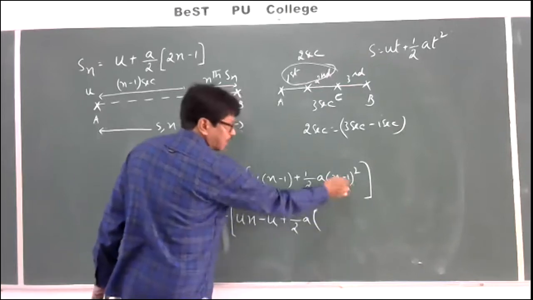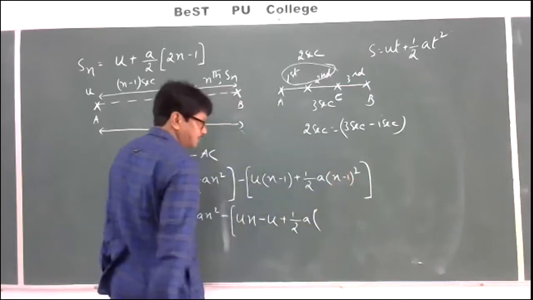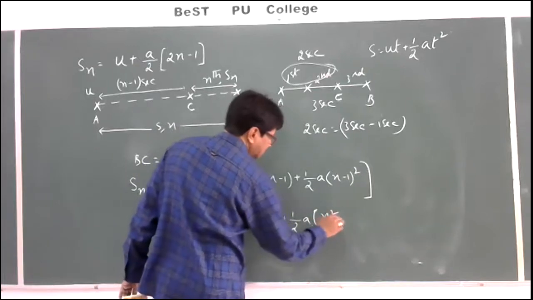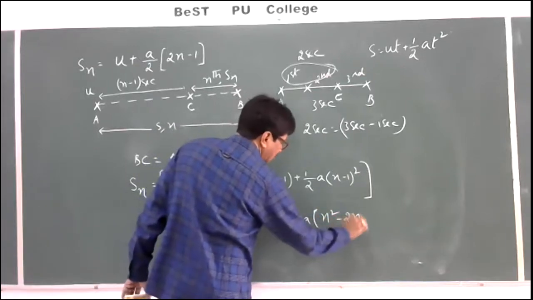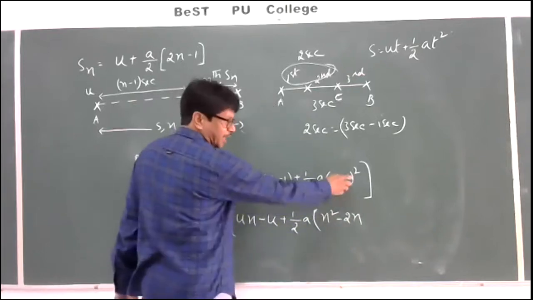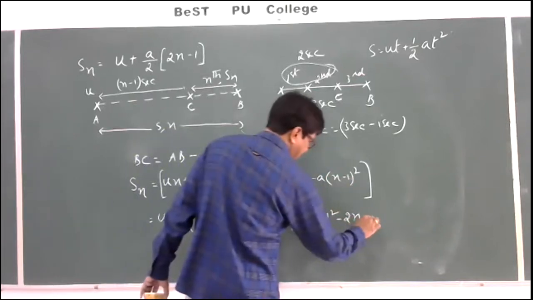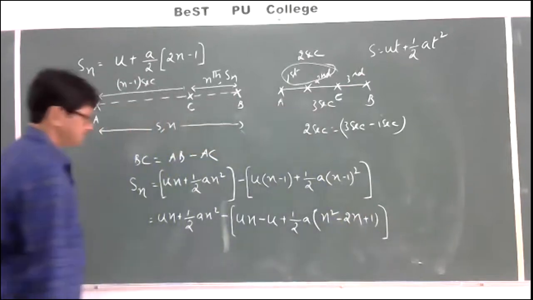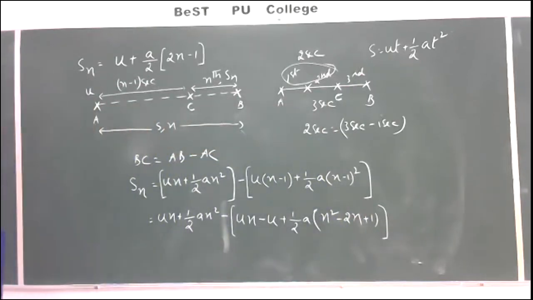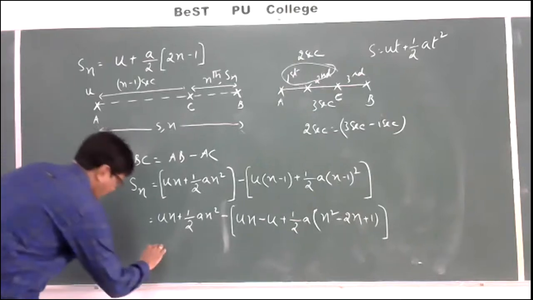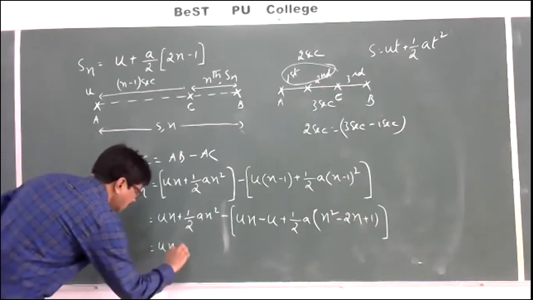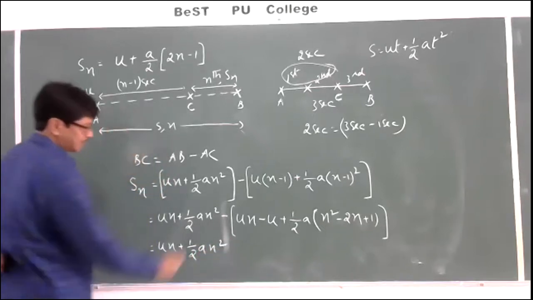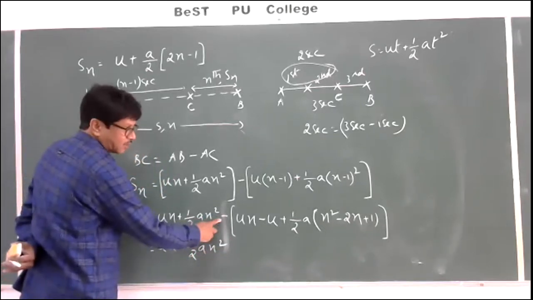Now this is in the form of a minus b whole square: a square minus 2ab plus b square, that is n square minus 2 into n into 1 plus 1. If you further simplify, I am multiplying with minus now.